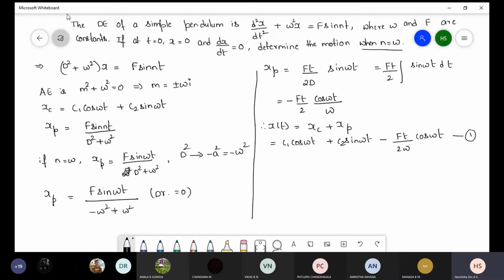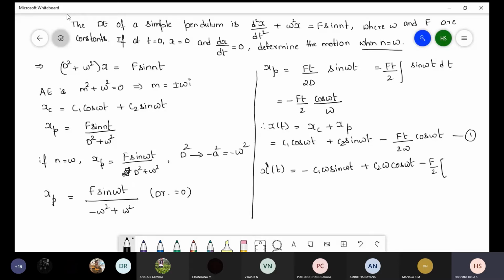Now to determine the motion, we have to find the differentiation of x(t), that is x'(t). So minus c1w sin wt + c2w cos wt. Here, with respect to t, we have to use the product rule.